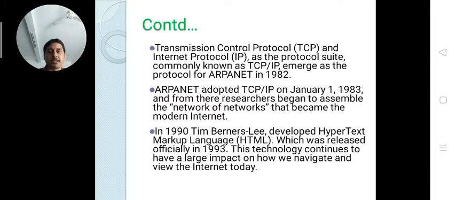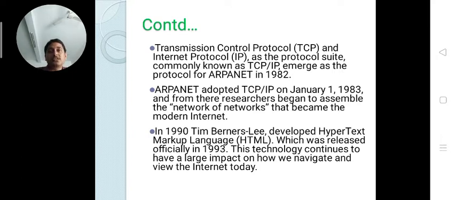Before explaining this, I would like to explain something. We took the example of 5 different networks, so let's discuss some more on those networks. 5 offices have their 5 networks, and they have different protocols. Suppose office 1 is using protocol 1, office 2 protocol 2, office 3 protocol 3, office 4 protocol 4, and office 5 protocol 5.